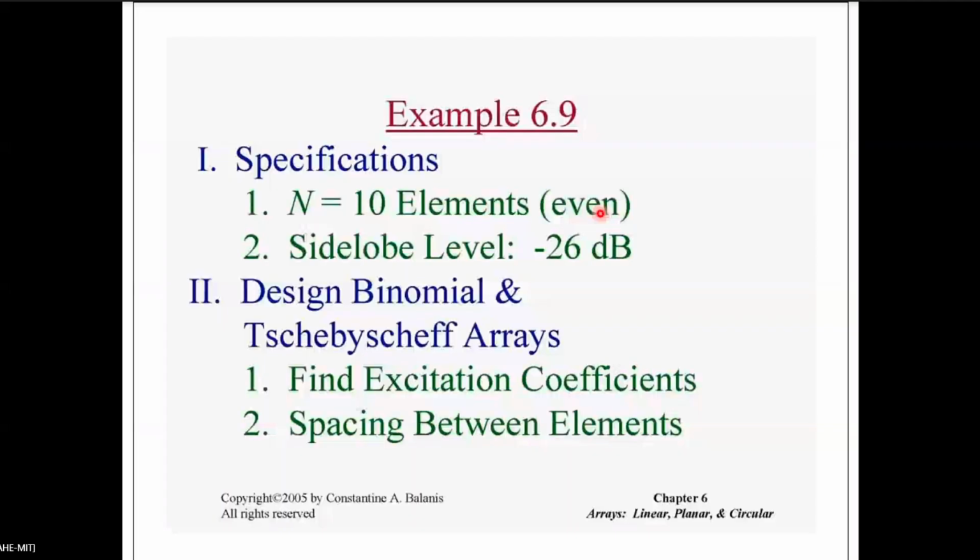Voltage ratio is 20. P is equal to 10 minus 1, 9. Find z0. z0 is given by this.